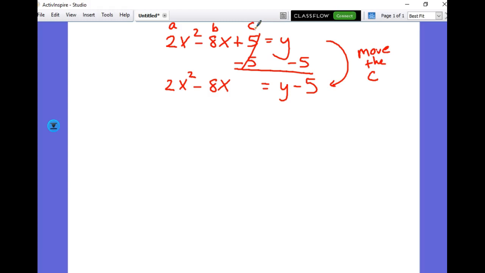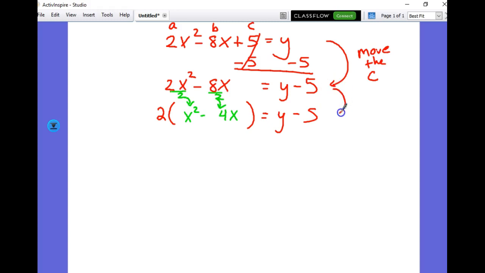The next thing we're going to do is we're going to factor the 2 out of these 2 terms here. Just the 2. So if I divide both of these by 2, I'll use a different color to show my work here. I would end up with x squared minus 4x. Okay.